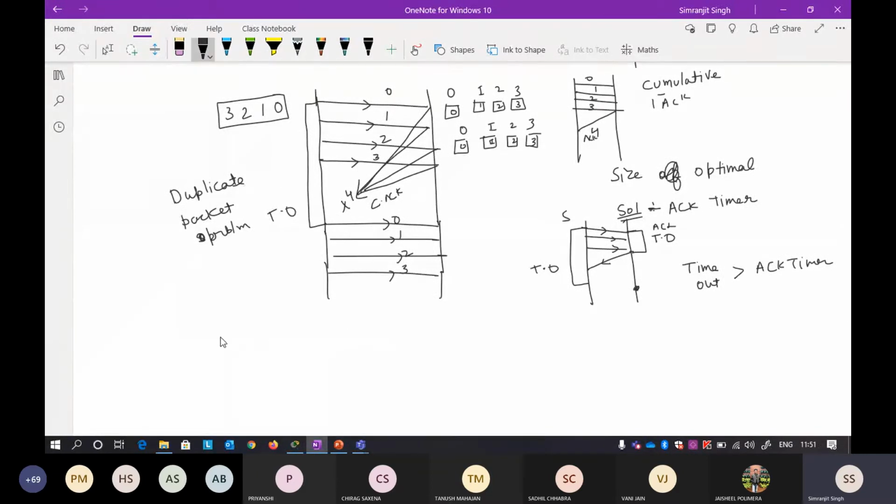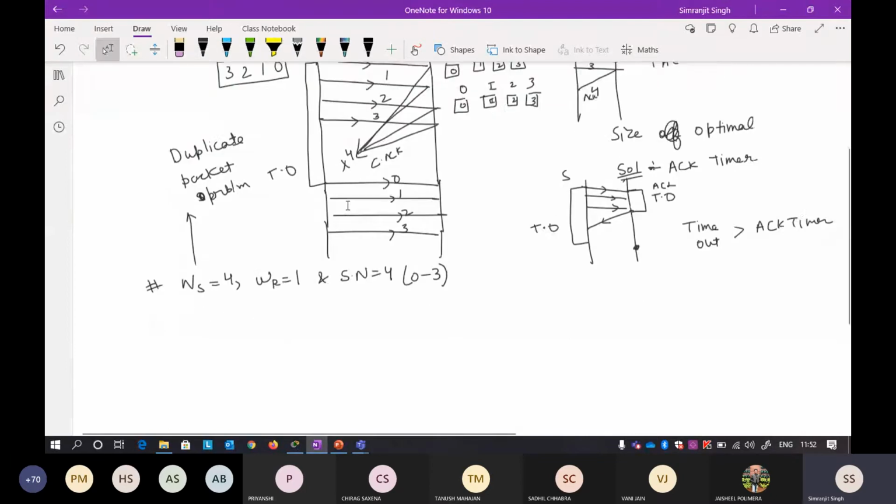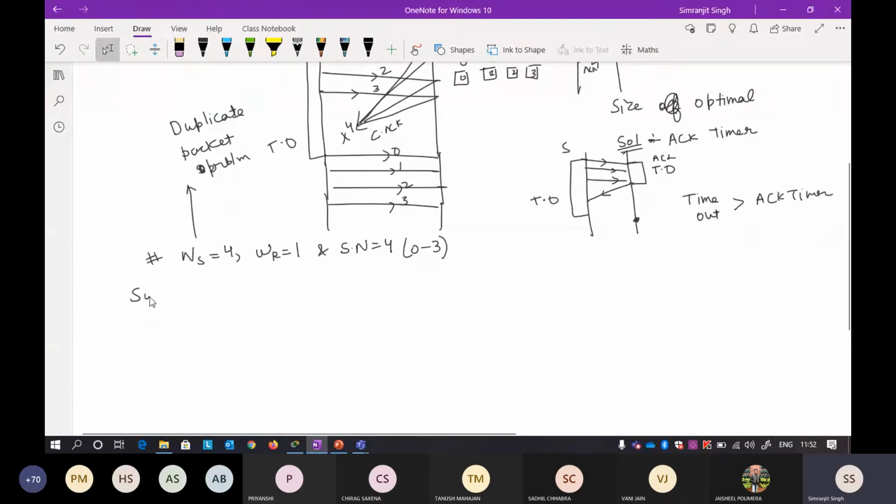Actually, it is happening because the sender window size is 4, the receiver window size is 1, and your sequence numbers are 4, meaning 0 to 3. This particular situation is causing your duplicate packet problem. Now I'll show you the solution: just increase the number of sequence numbers by 1, only add 1 to it.